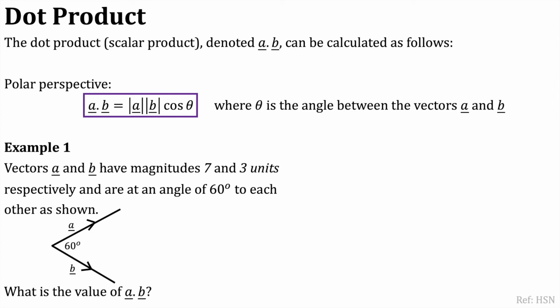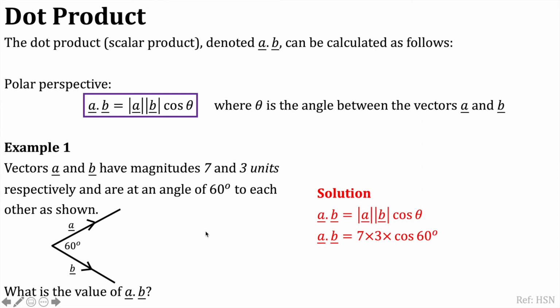So example 1. Vectors A and B have magnitudes 7 and 3 units respectively and are at an angle of 60 degrees to each other as shown. What is the value of A dot B? So our solution then, we know that A dot B is equal to the magnitude of A multiplied by the magnitude of B multiplied by the cosine of the angle between the vectors A and B. Now we can see here that the vectors are both pointing away from the angle, so we're able to use this 60 degrees here.